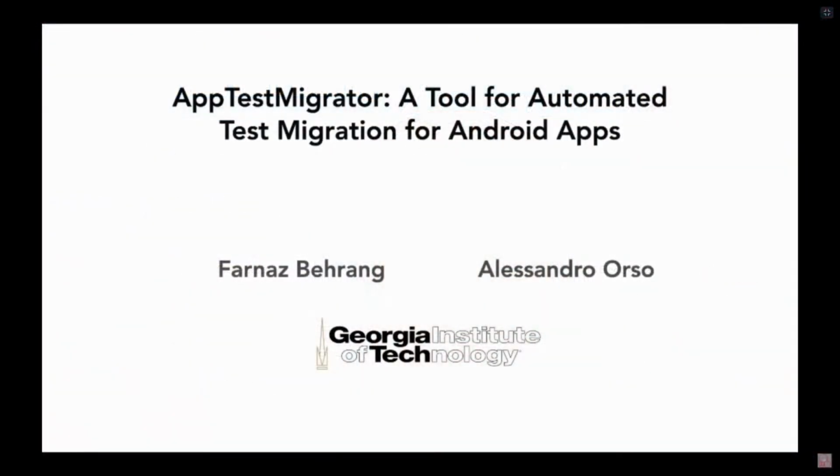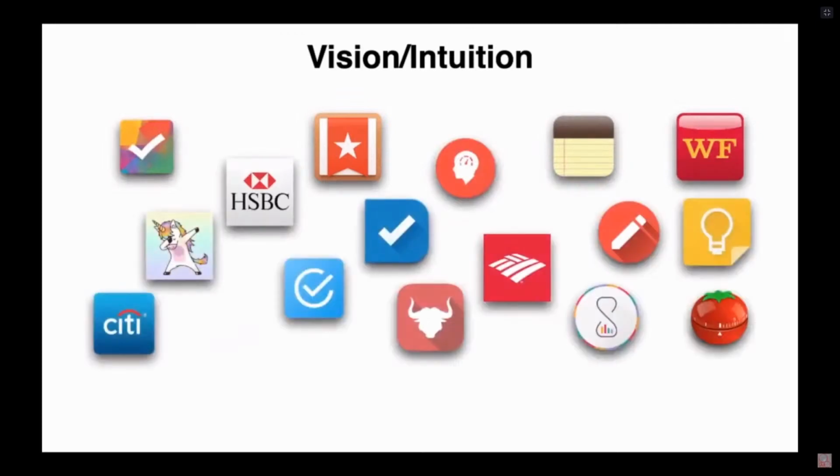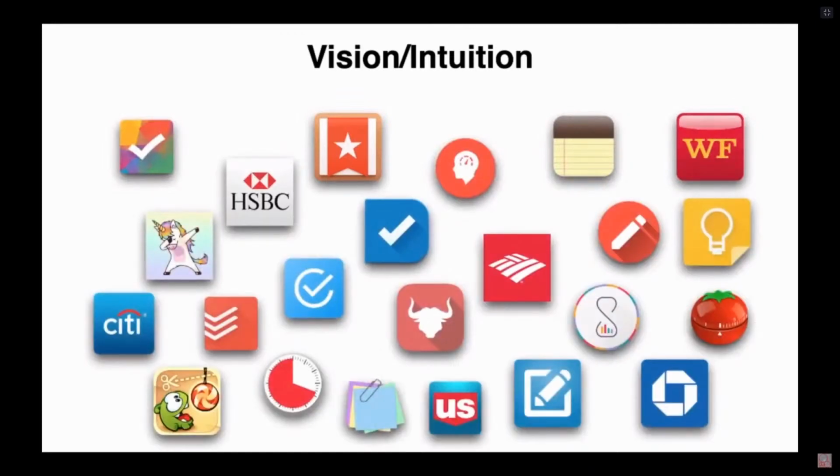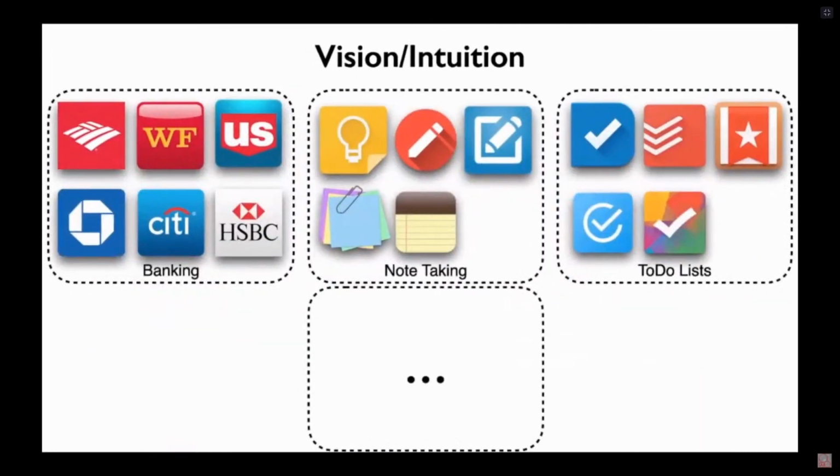This is Farnaz Behrang, and I'm going to present our demo paper, App Test Migrator, a tool for automated test migration for Android apps. As you know, there are tons of existing mobile apps in the market, and if you look at these apps more carefully, you can divide them into different categories where the apps that belong to each category share much of their functionality.